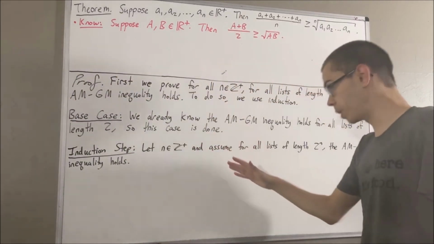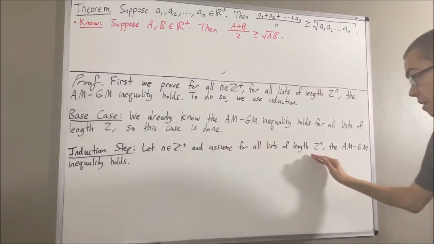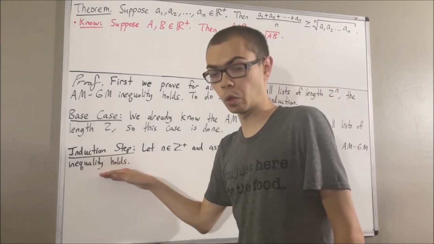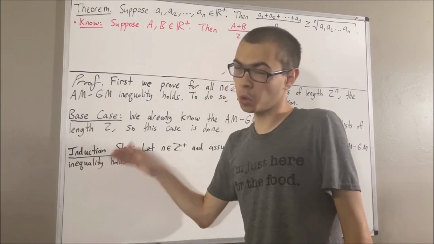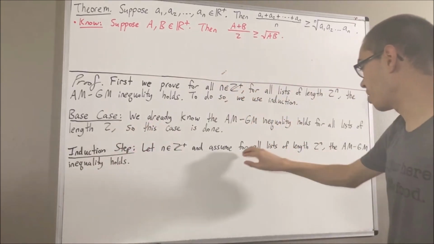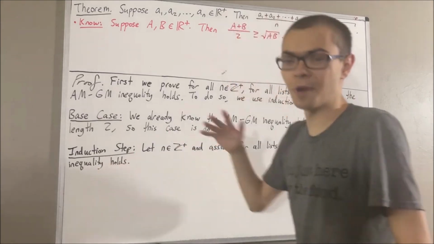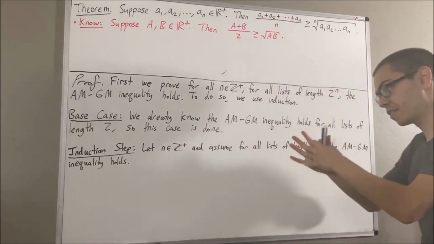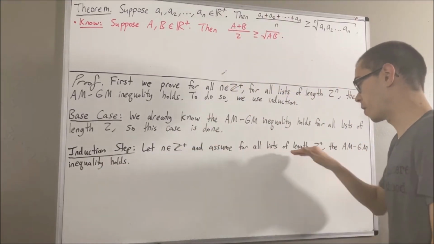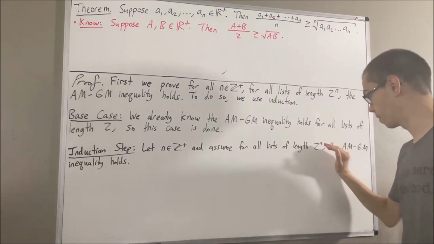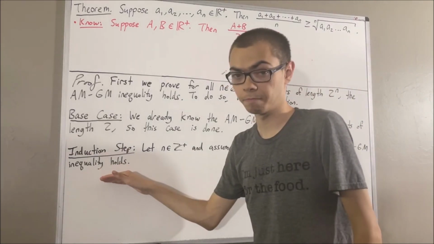So we're assuming for all lists of length 2 to the power of n, the AMGM inequality holds. Well, the whole goal of the induction step at this point is to show that this is also true for n plus 1. That is, we want to show for all lists of length 2 to the power of n plus 1, the AMGM inequality holds.